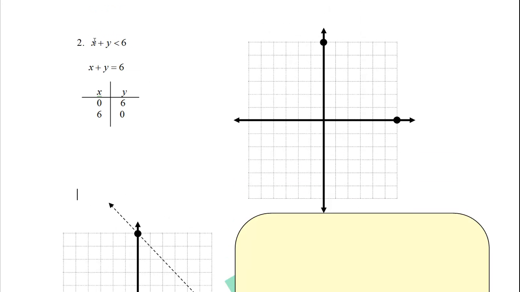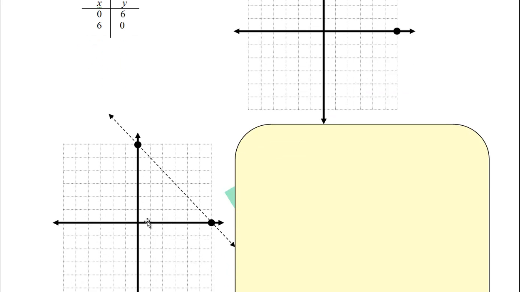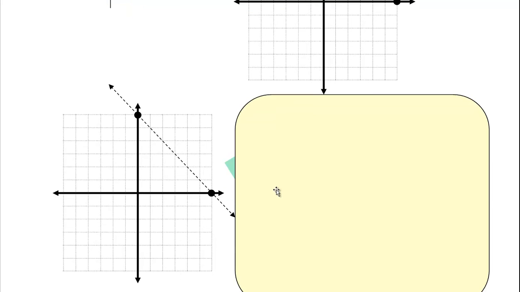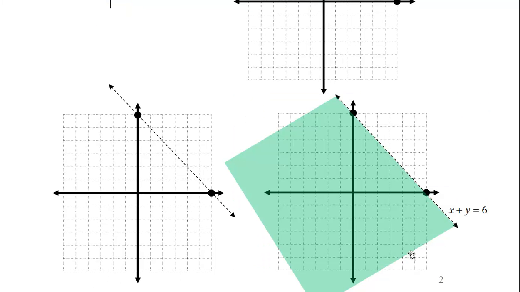If you put the origin in, do you end up with a true statement or a false statement? Putting in the origin, I end up with 0 is less than 6, a true statement. So I'm going to shade the origin side. And also label the equation you use to find those points. So that would be my solution right there.